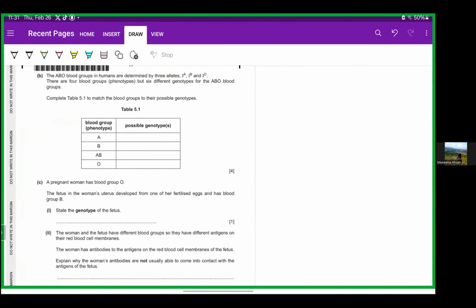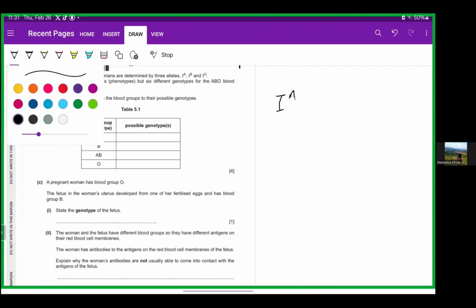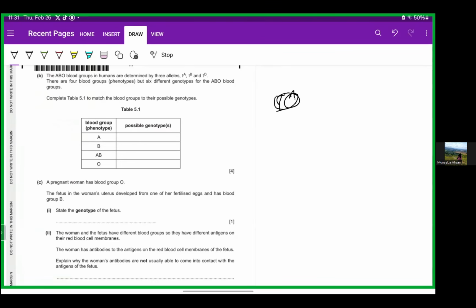So if a person has a blood group phenotype A, it means that he has a blood group of IA. I'm sorry, just a second. I'm writing it here because the space there is a little congested.